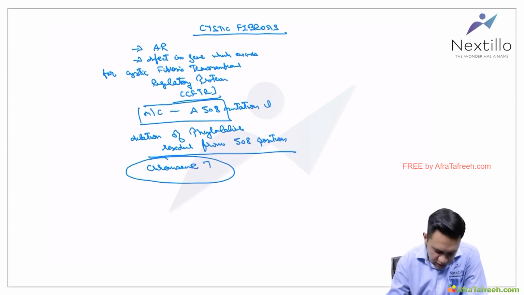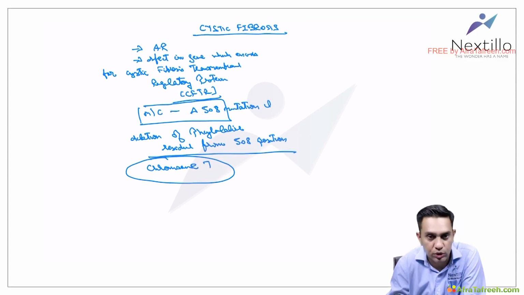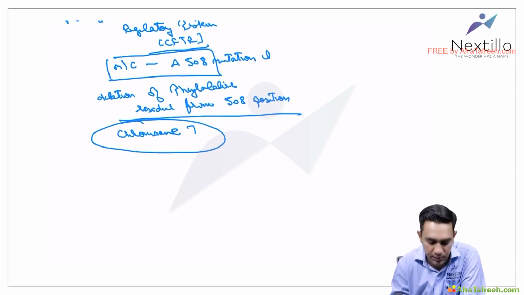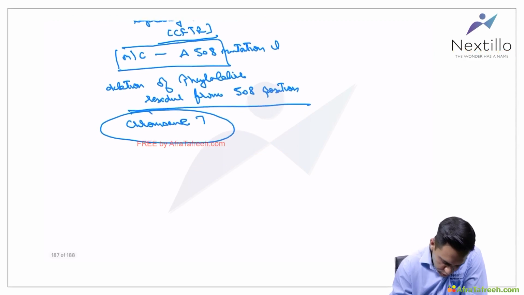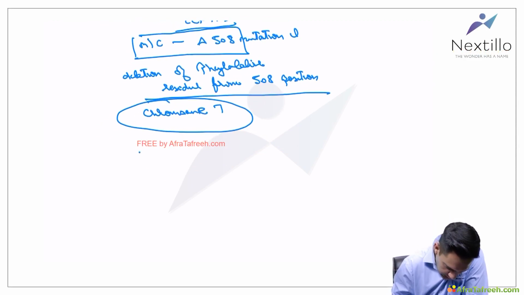So, autosomal recessive defect in the gene which encodes for cystic fibrosis transmembrane regulatory protein CFTR. The most common mutation is delta 508, with deletion of phenylalanine residue from the 508 position, on chromosome 7.